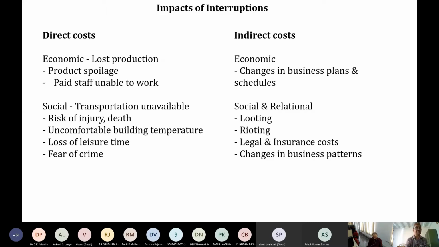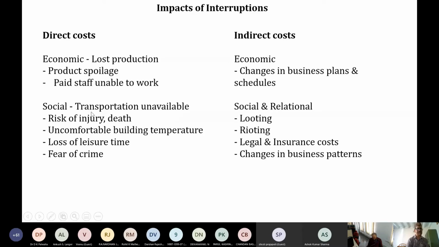So that is the cost of product spoilage, relevant to the residential customer as well. But mostly this is related to commercial and industrial customers, while at residential level the product spoilage cost might not be that high.